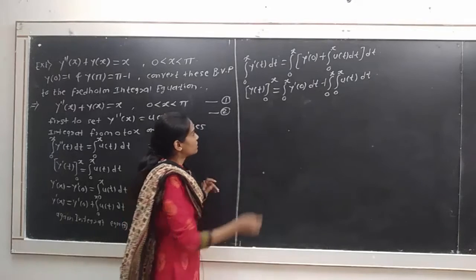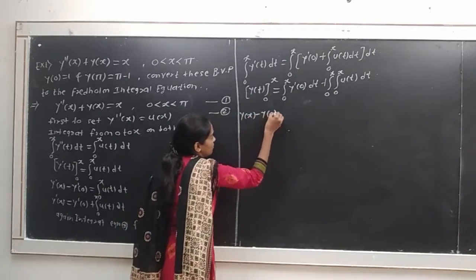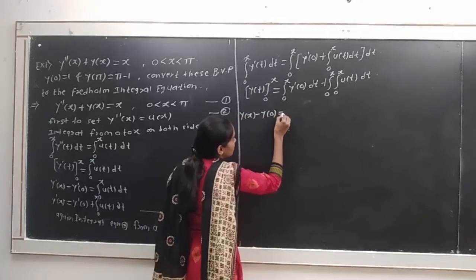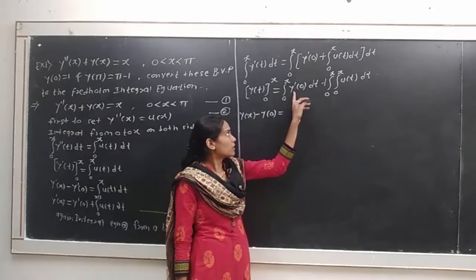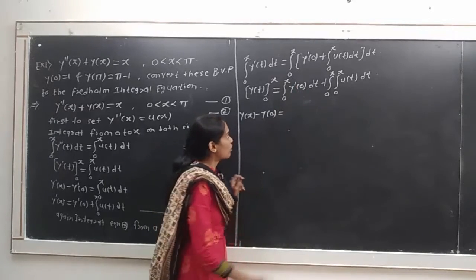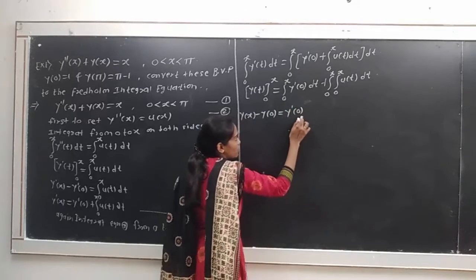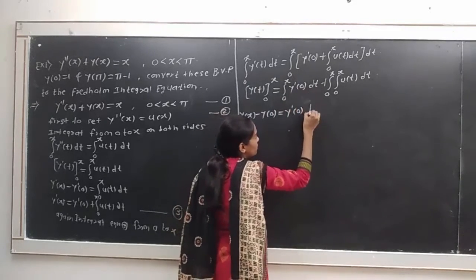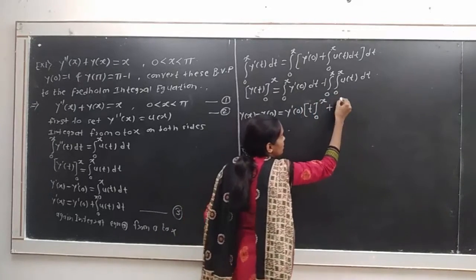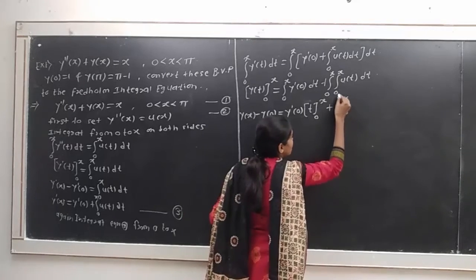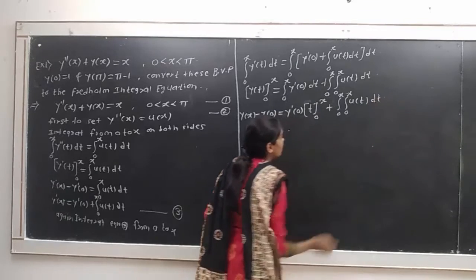Then by putting limits in the LHS we get y of x minus y of 0 is equal to, here y dash of 0 is the derivative of the function at the point 0, that is a constant, therefore we take it outside the integration and get y dash of 0 times the integration of dt, which is t from 0 to x, plus this term remains as it is, the double integral from 0 to x of u of t dt.